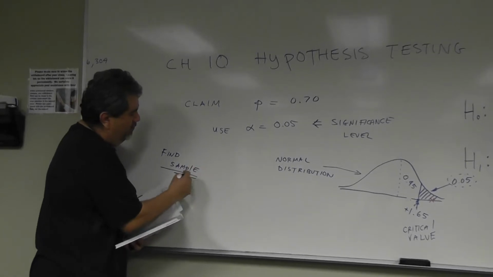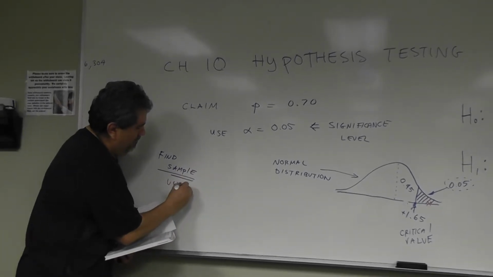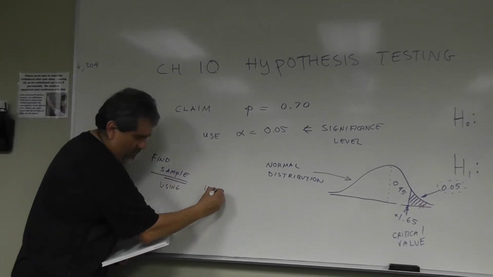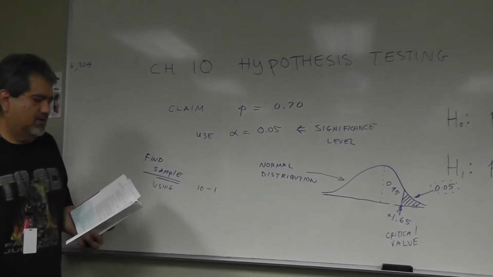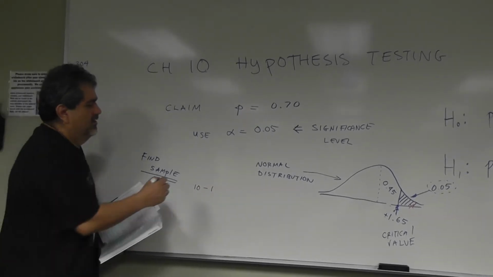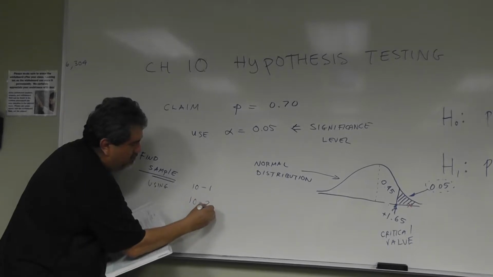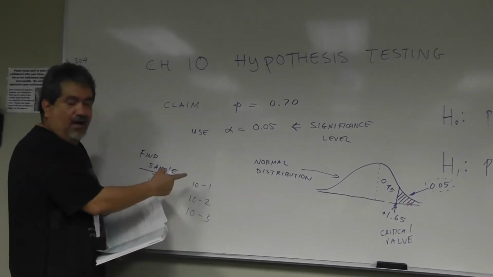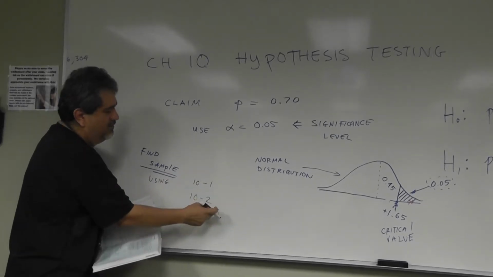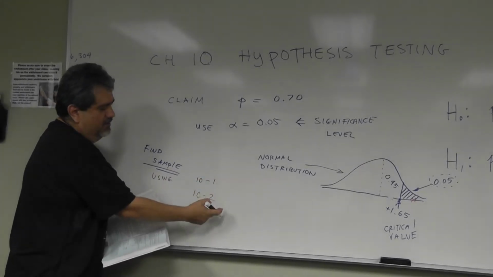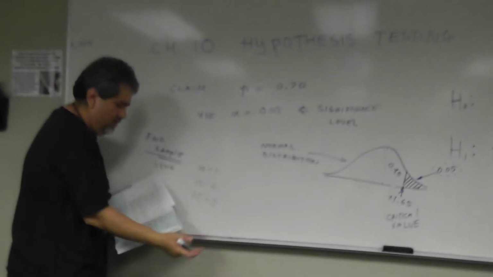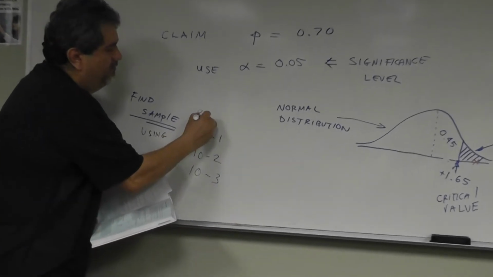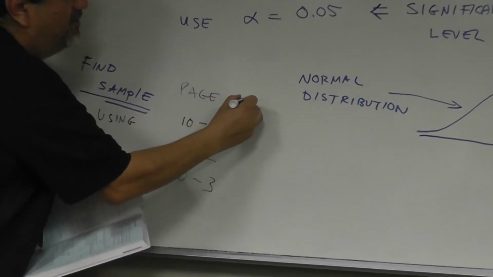So we find the sample using 10-1 or 10-2 or 10-3, depending on the context. All of these formulas, one for one case, another for another case, are on page 317.